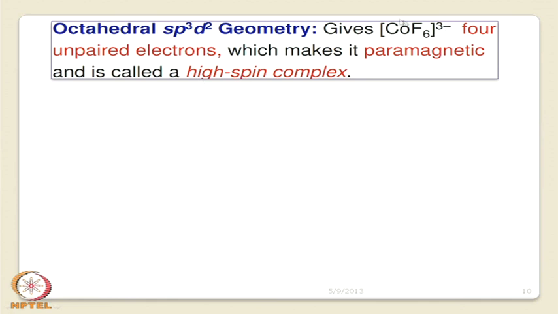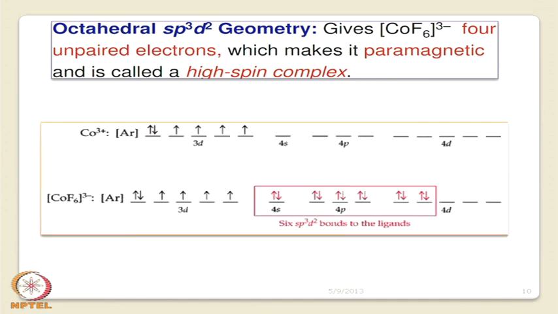Because cobalt can have 2 electronic configurations, one is low spin, another is high spin. So, this particular compound where maximum possible paramagnetism is available, we consider as a high spin compound.